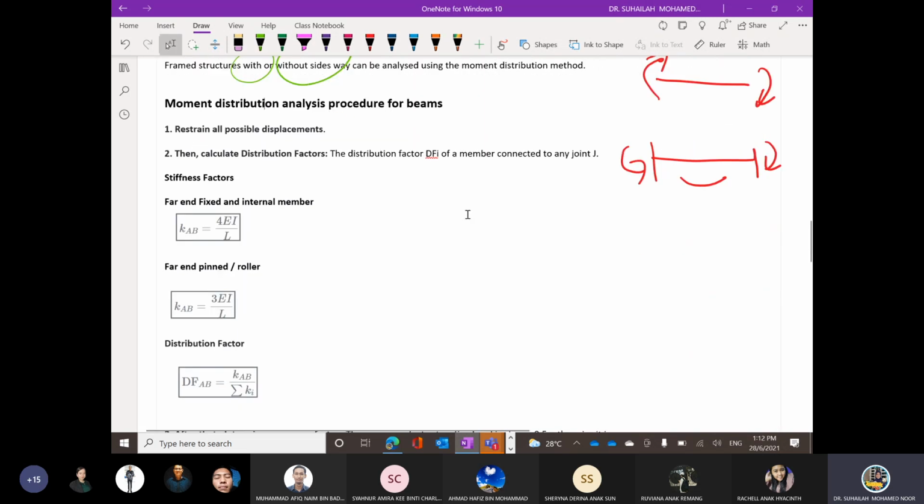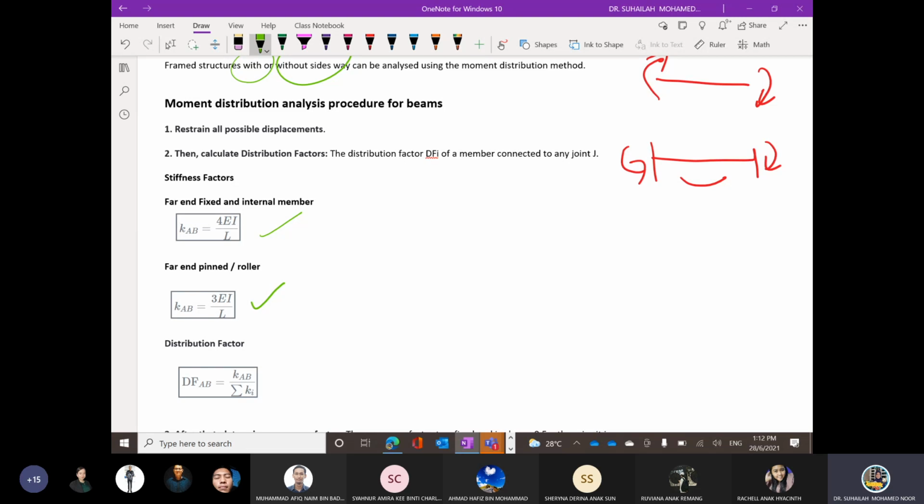Number one, we have to restrain all possible displacements and then calculate the distribution factor. Whenever we want to calculate the distribution factor, we must first determine the stiffness factor. These are the two stiffness factors that we can use to solve all types of questions for beam and frame analysis using the moment distribution method.